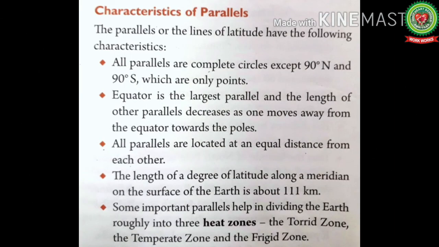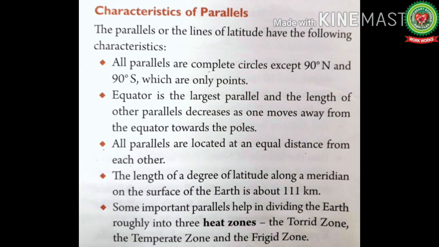So now let's read. The parallels or the lines of latitude have the following characteristics. All the parallels are complete circles except 90° north and 90° south, which are only points. The equator is the largest parallel and the length of other parallels decreases as one moves away from the equator towards the pole. This we have just seen in an image.